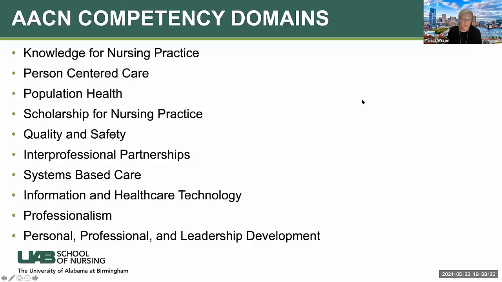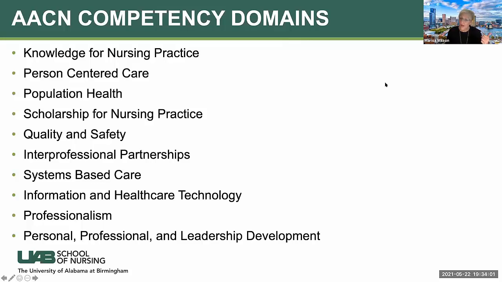So we came up with 10 domains. 8 of these domains for the competencies are in line with our interprofessional partners in the US, our physicians, our pharmacists, etc. However, we added two additional domains.